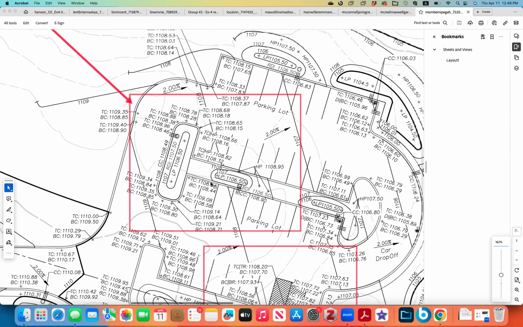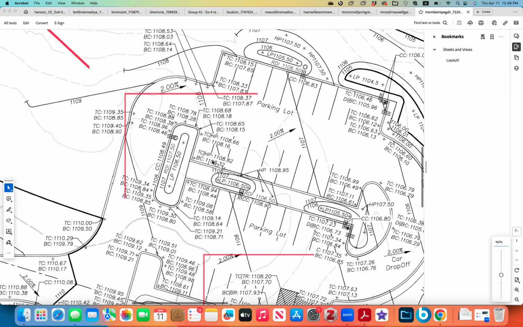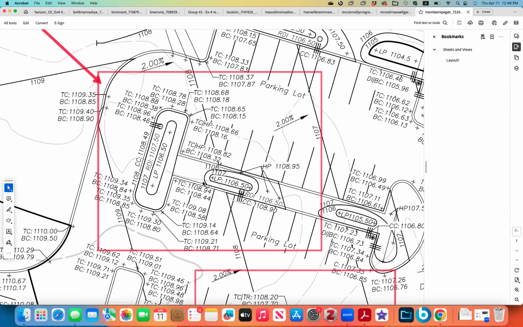But I'm not sure that it's correct or not. I don't know that other side also I should change the TC and HP. On this side, it's because the curb is used as the HP. So I think this makes sense. For this one, yeah, it does work because you're using the curb as the high point, right? Yeah.